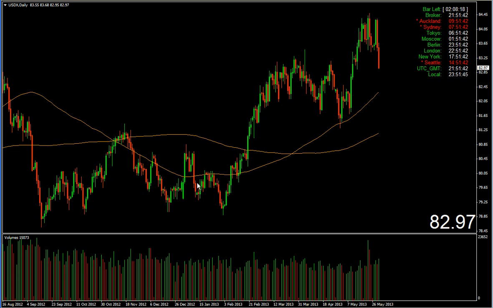So all in all, a good upside trend in the dollar, but maybe too fast, too furious.